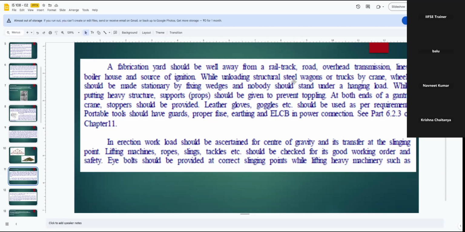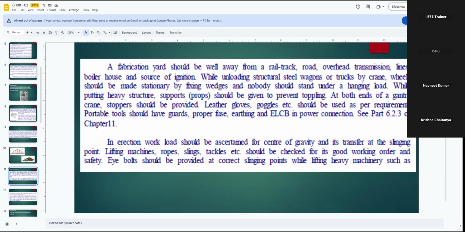While unloading the structural steel from wagons or trucks by crane, wheels should be made stationary by fixing the wedges, and also nobody should stand under the hanging load. When you say wagons, it is nothing but the railway, and also trucks.